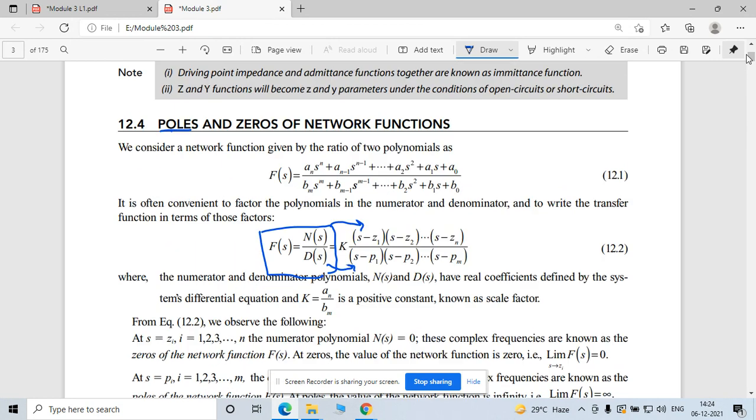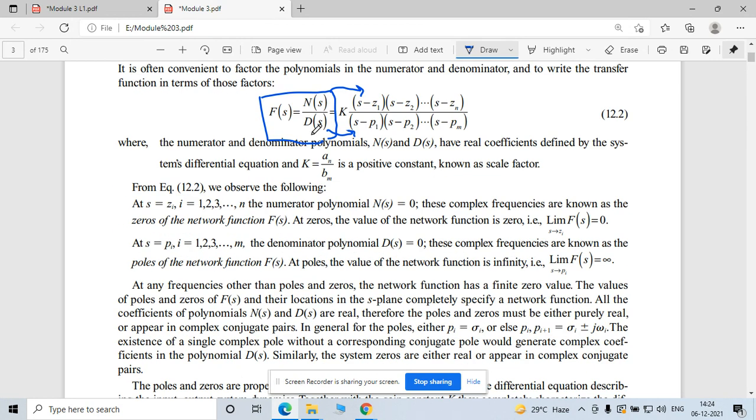Now see, there are two conditions for the numerator and denominator polynomials, right? The roots may be real, or may be complex conjugate. Depending on this, on the S plane you can mark the different locations of the poles and zeros.